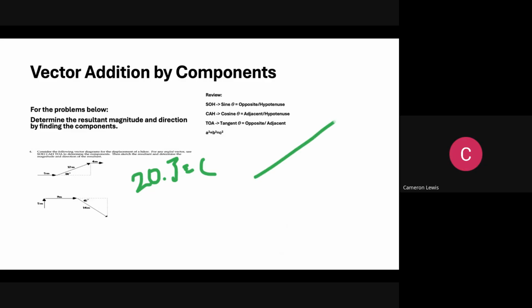One more time. This is 19.4, 6, 20.3. Now we just need to find this angle. To be honest with you, I'm just going to use the easiest one.